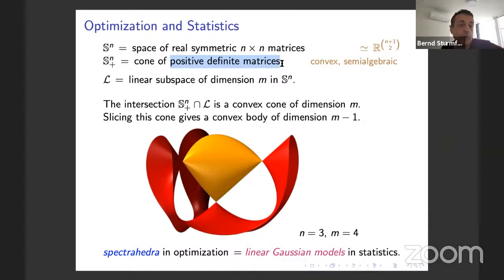The inverse of the covariance matrix is also positive definite. It's the concentration matrix. And if we impose linear constraints on either the covariance matrix or the concentration matrix, we speak about linear Gaussian models. And those are fundamental in statistics and maybe of interest to the gentleman from Somalia.